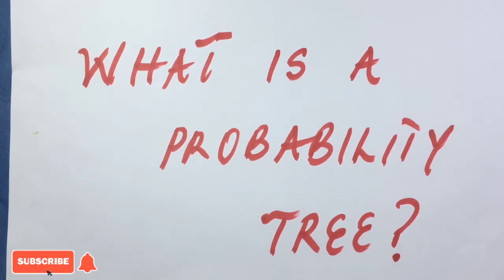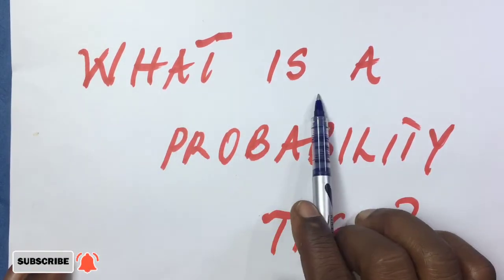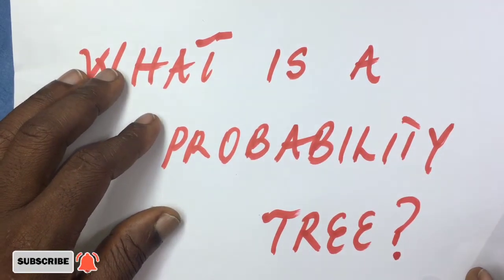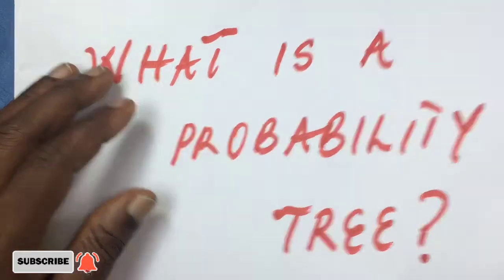The probability tree is a diagrammatic approach for overcoming this problem, and we shall be defining it in this video. So we shall be answering this question: what is a probability tree?